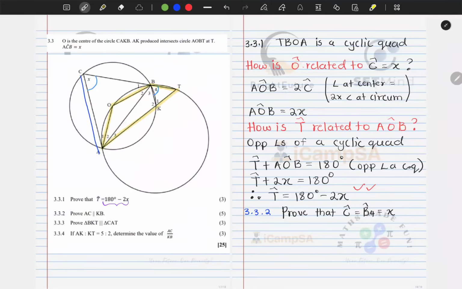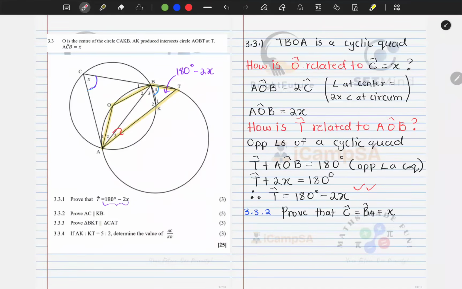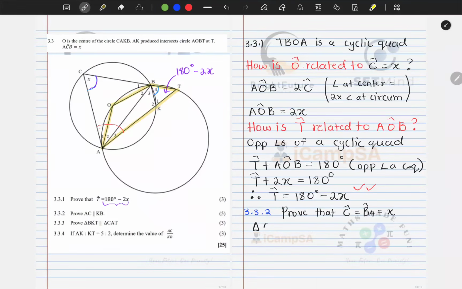Now, if you observe carefully, we've done some work already. So this entire angle, angle T, is 180 minus 2x. And we have x, meaning we can find the other angle that is missing here, angle A as a whole. Okay. Now, if you look carefully, we're looking at triangle CTA.